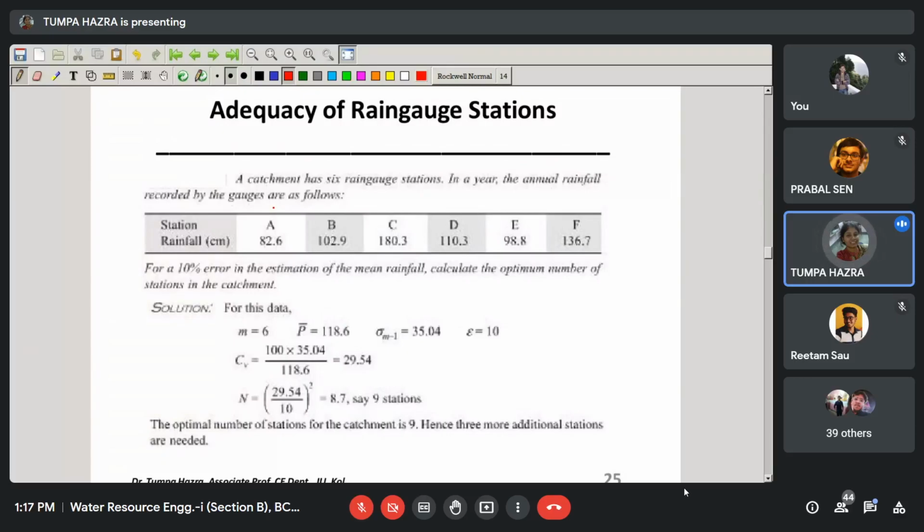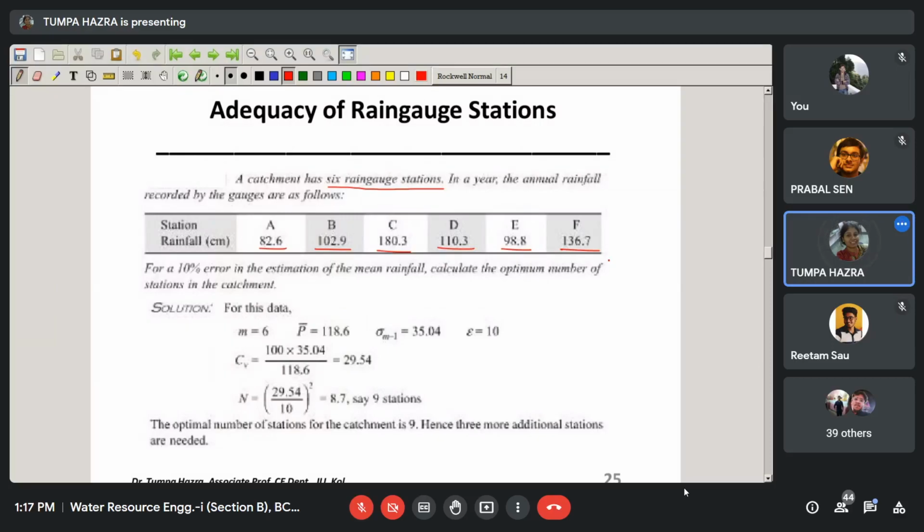For a particular catchment area, you have 6 rain gauge stations, and for a particular year, you have measured the rainfall at the 6 stations in centimeter as 82.6, 102.9, 180.3, 110.3, 98.8 and 136.7.